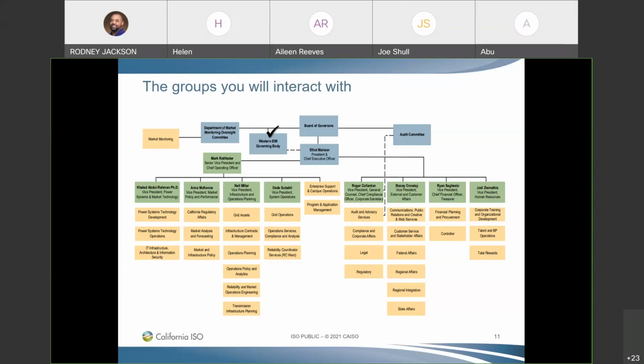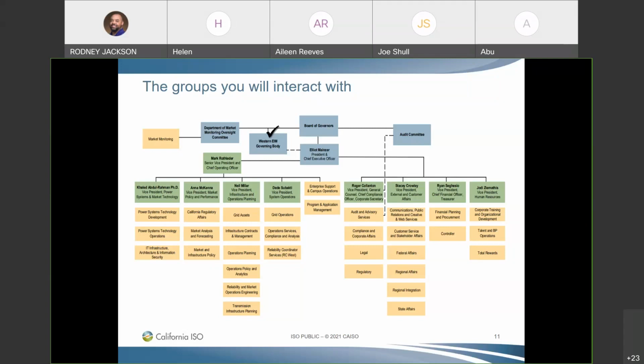The Body of State Regulators includes representation from 8 states responsible for advising the EIM Governing Body and the ISO board members on matters of interest, while the Regional Issues Forum is the public vehicle for stakeholders to discuss the EIM-related issues that impact neighboring DAAs.